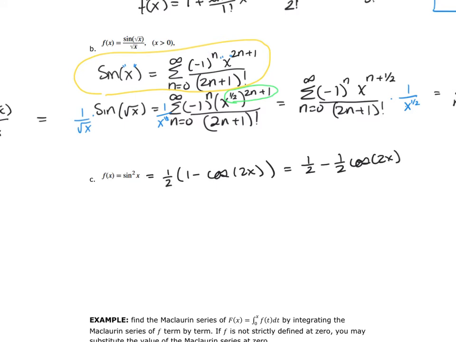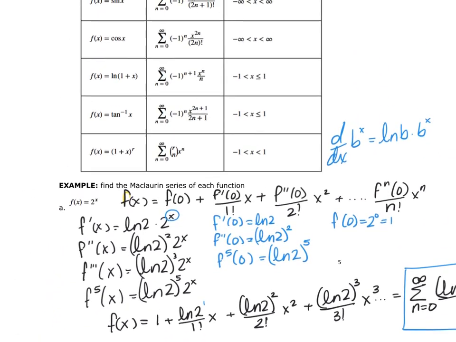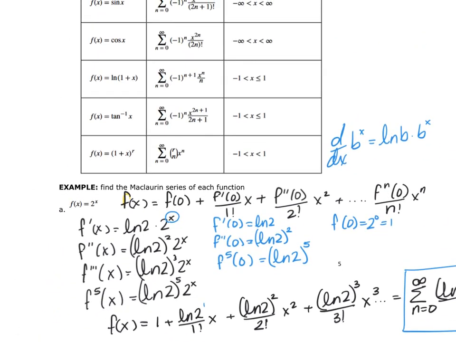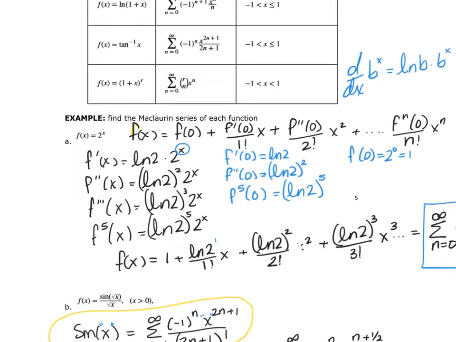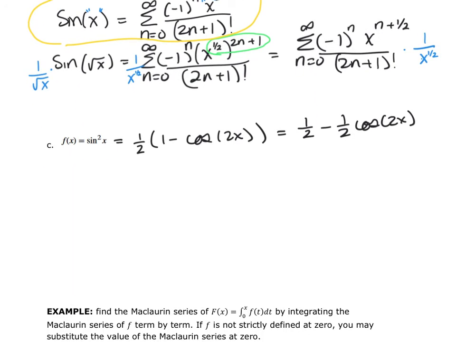And I'm going to go back to the way that we define it up here in our chart for cosine. Cosine is the summation of n equals 0 to infinity of -1 raised to the n, x in quotes, raised to the 2n over 2n factorial. So let's use that way we define it here to do this.